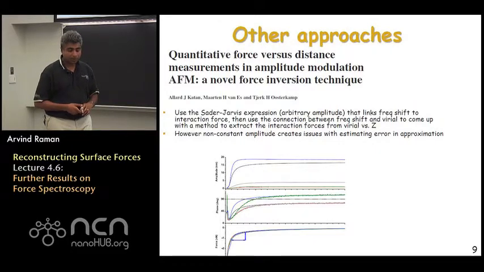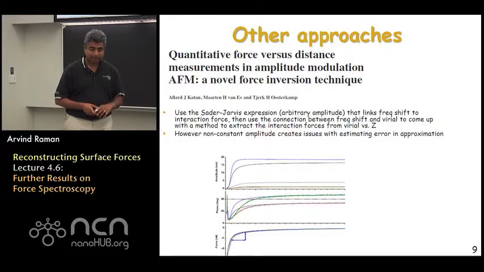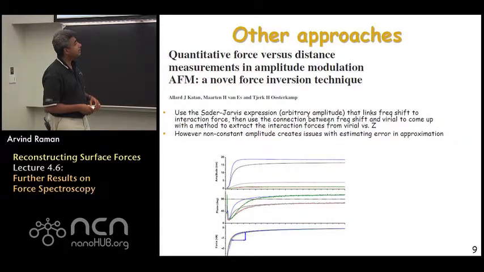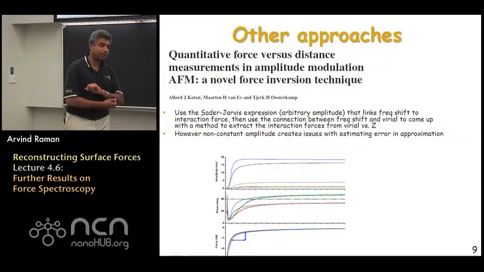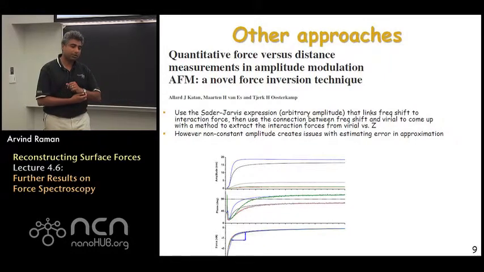Yet another approach was the one proposed by Allard-Catan and Osterkamp's group, and they went back to the attempt that Hendrik Hulscher suggested, which is to use the large amplitude approximation.